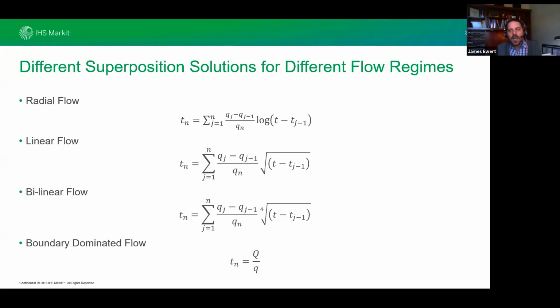It is called material balance time. So let me say that a different way. Material balance time is superposition for boundary-dominated flow. Okay, material balance time is superposition for the flow regime of boundary-dominated flow.